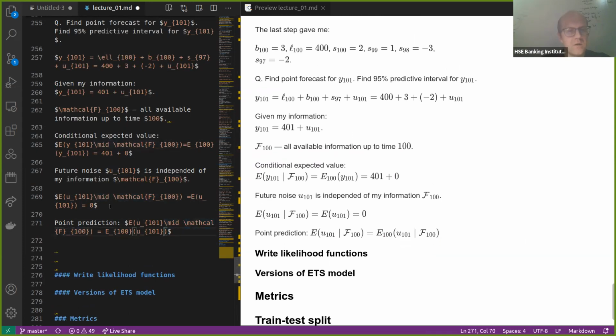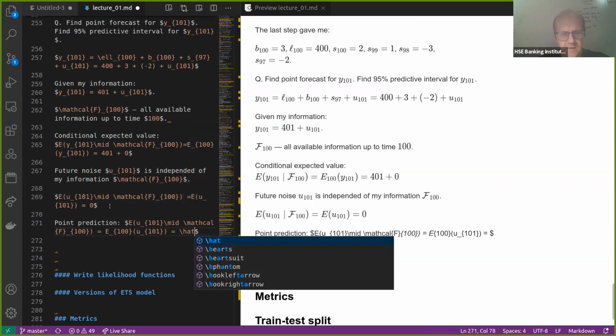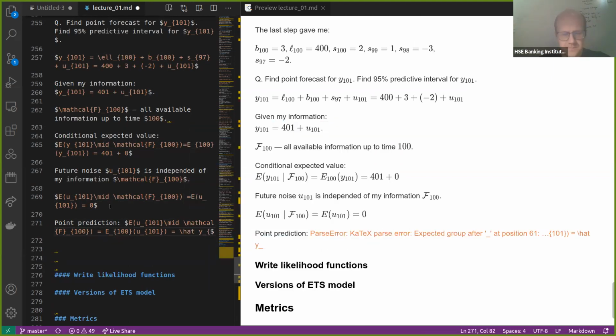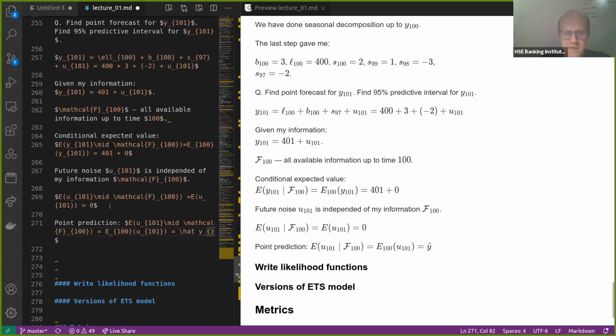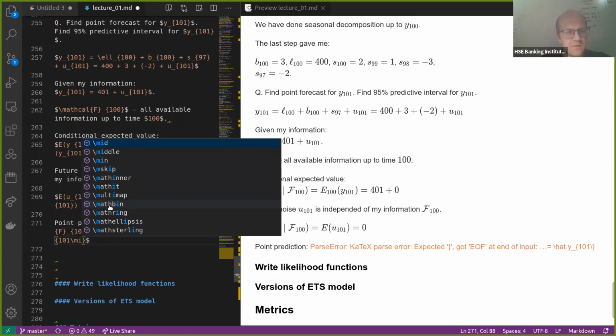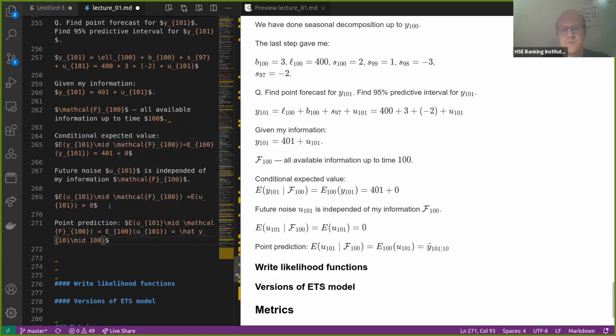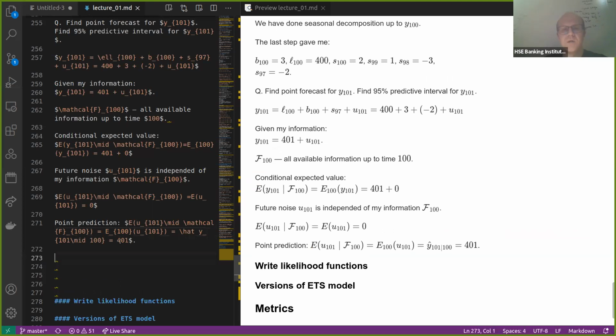And Hyndman in his notes denotes this like hat y, and here he writes something like 100. In our case it's just 401. So there are basically 3 ways to write this object.